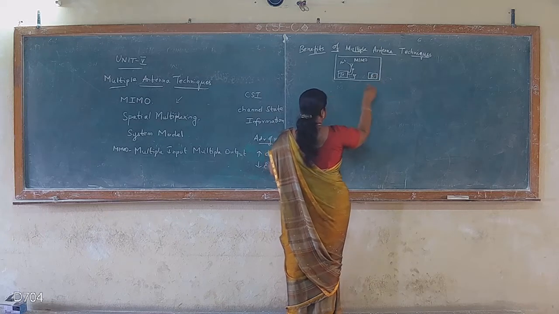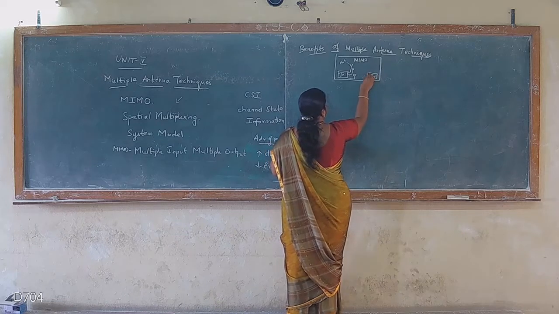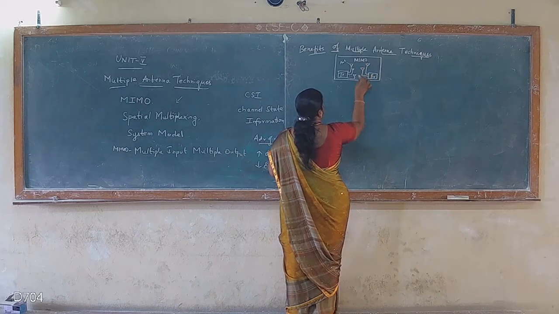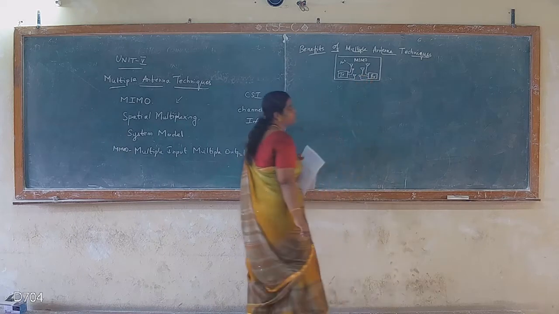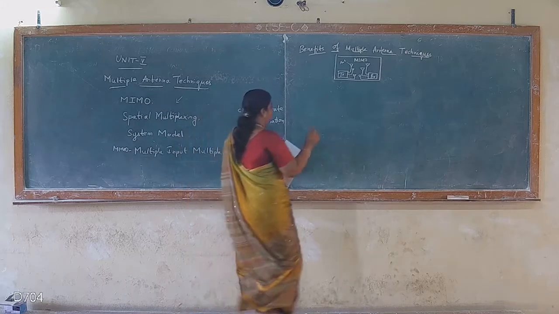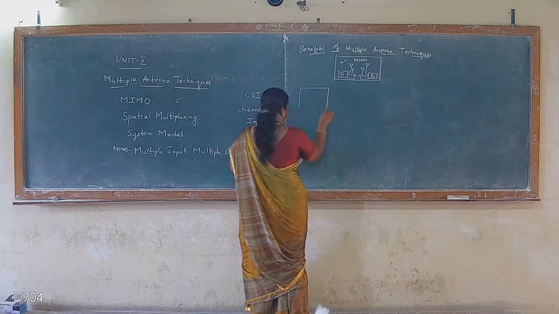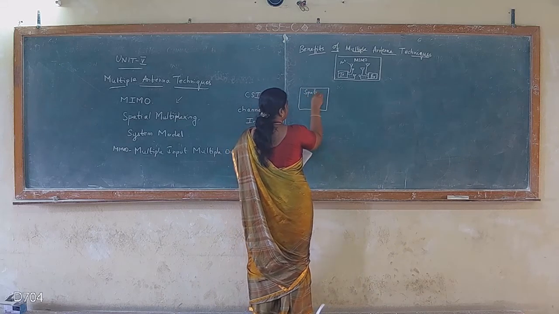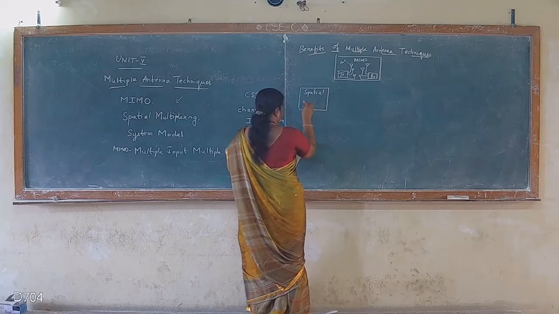The triangle indicates the antenna at the transmitter side as well as the receiver, right? Here it basically depends on spatial multiplexing. As the introduction of this unit itself, I told you about the spatial multiplexing technique, right? That is the major component here.